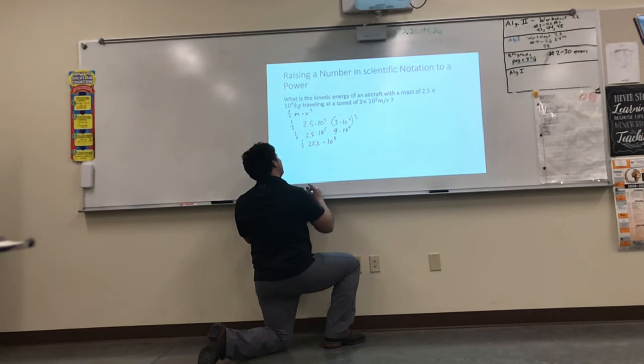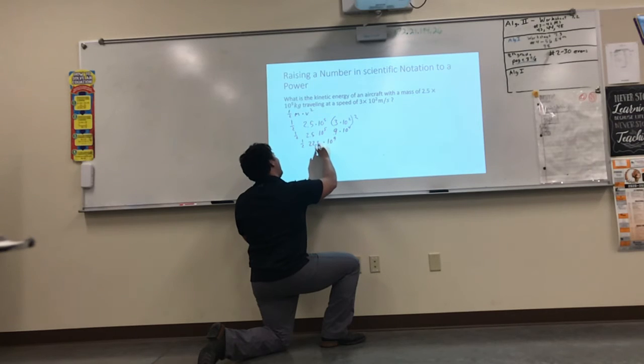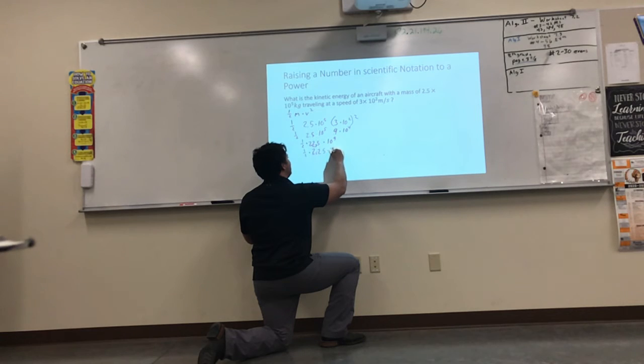Alright, only one significant figure ever in science. Your science teacher will always tell you that. So you move the decimal one spot. So you're going to have 1/2 times 2.25 times 10.